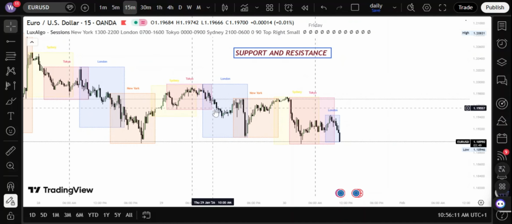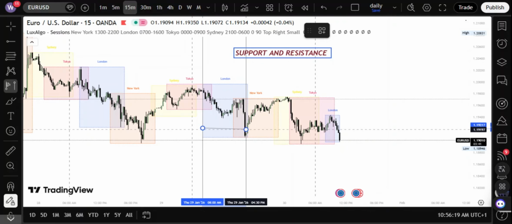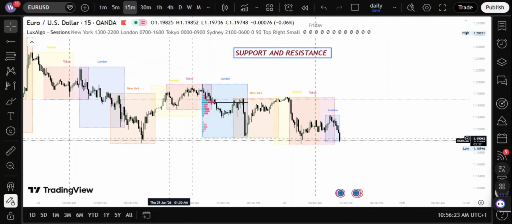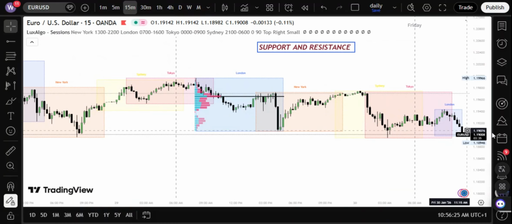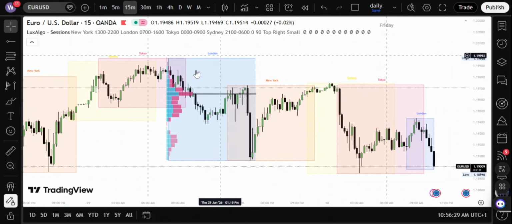You can use this fixed range volume profile to mark the start of London to the end of London. You want to see the entire volume profile during this session.